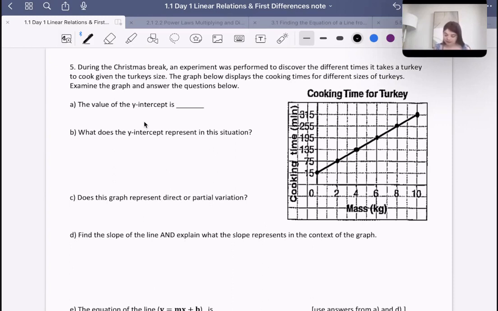So, first one is again, what is our intercept here? So, our first part of the question asks, what is our value of the y-intercept? And that's going to be 15, right? Where does this touch our axis here? It touches at 15, so it's 15. What does it represent? Well, it says that when the mass in kilograms is 0, the cooking time is 15 minutes.